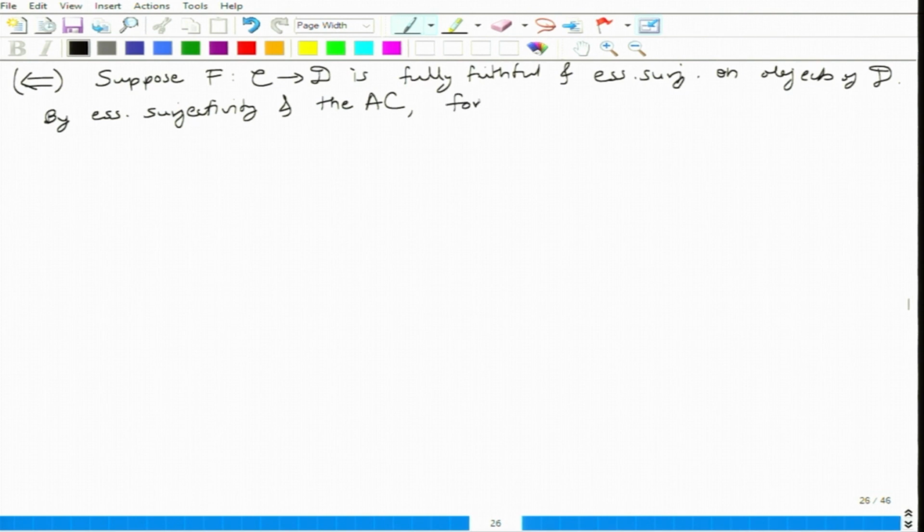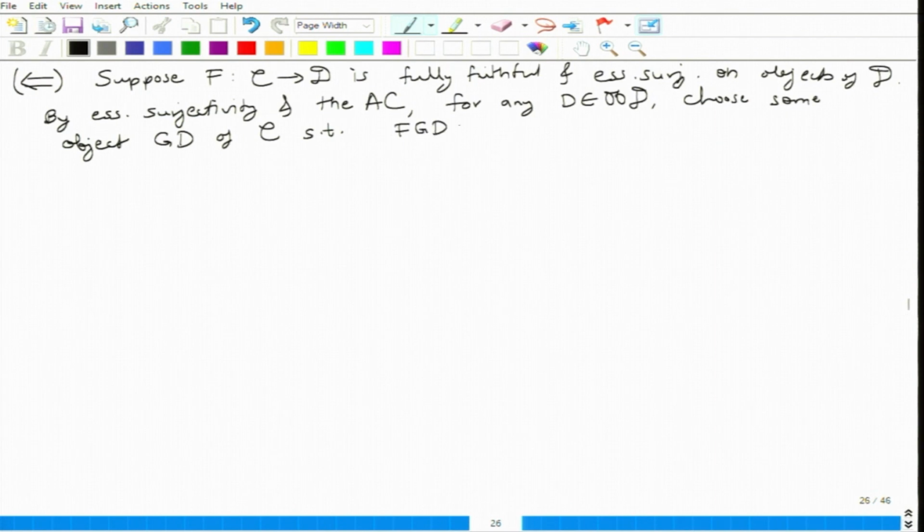For any D in objects of D, choose some object of category C, but I am going to call it GD, such that FGD is isomorphic to D. Where are we using the axiom of choice here?